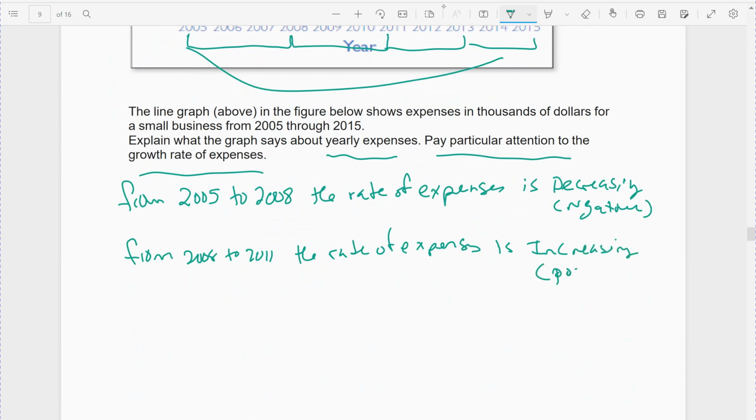It would be positive. It does look like it's a steady increase, right? It'd be a smooth, constant increase. Both of those look like they would be constant. That would have a constant increase, meaning it's moving up at the same rate over those years. The other one was moving down at the same rate.